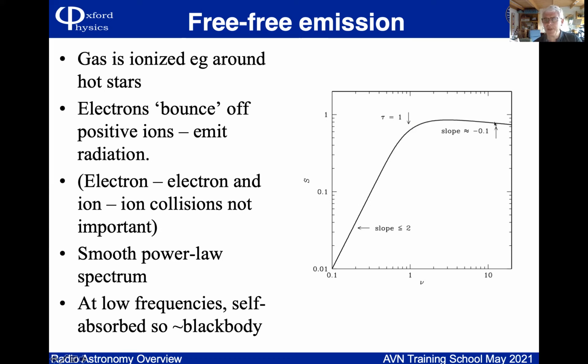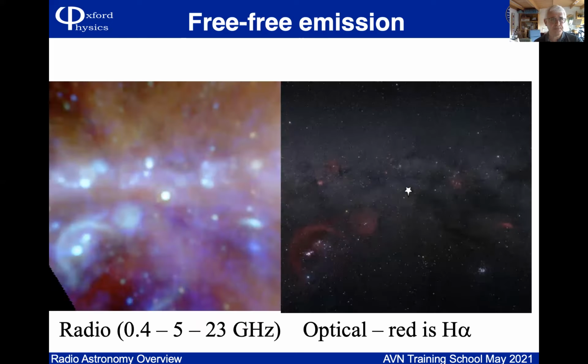And then at higher frequencies, where the electrons are effectively transparent, you have this very flat slope with frequency. And so you see a lot of this in our own galaxy, particularly in interesting bits of the galaxy where there's star formation going on, or recent star formation, and lots of hot stars and lots of ionized gas.